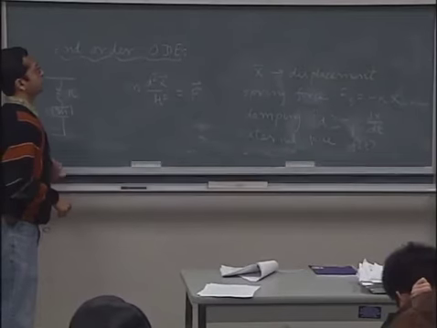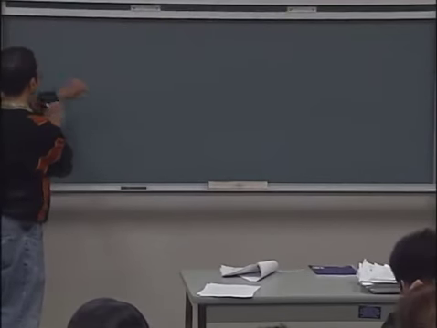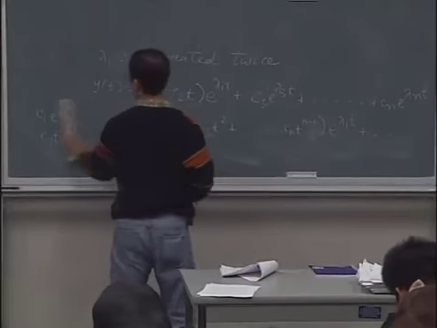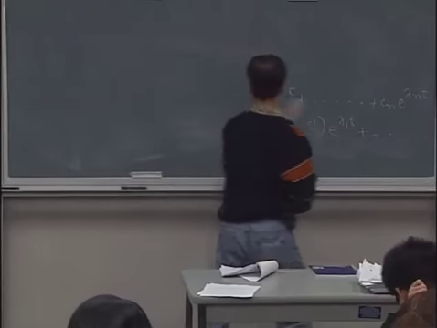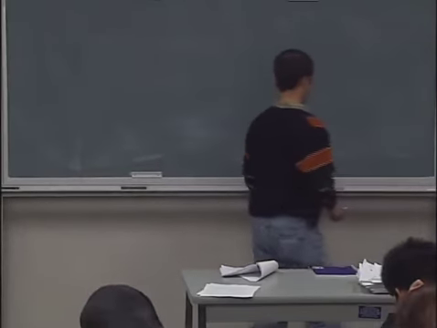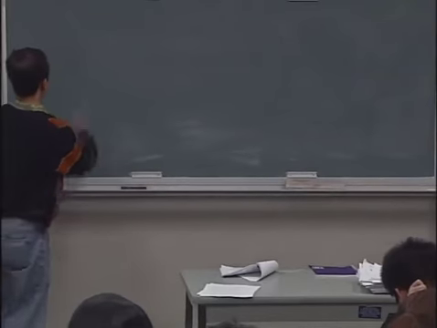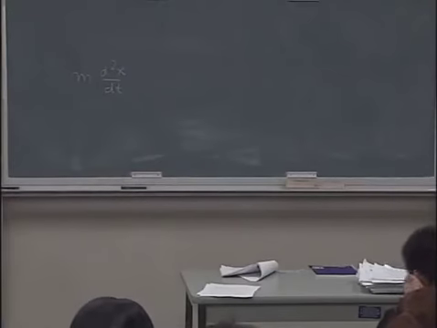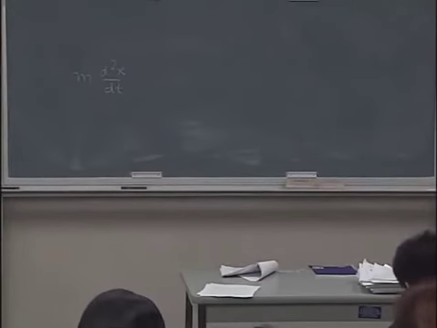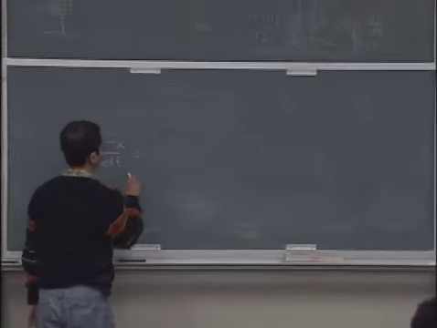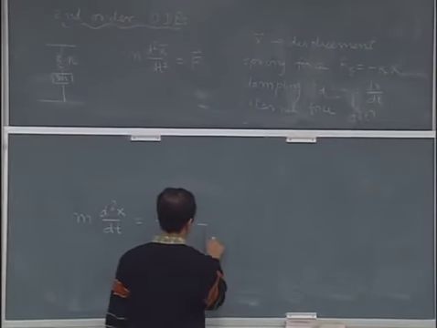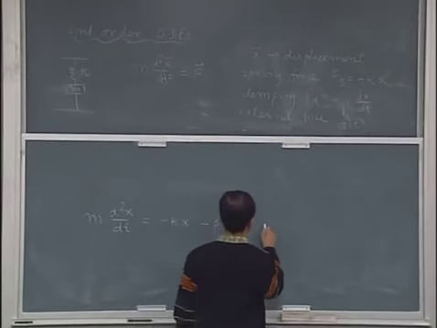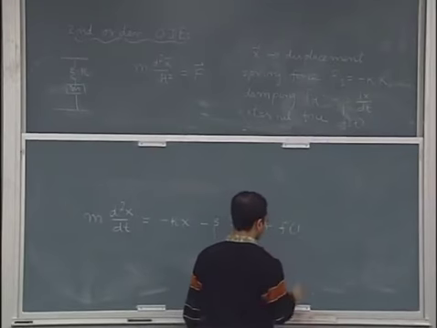Now I can write this equation. Everything is along this vertical direction, so we don't have to keep track or write in vector form. m d2x/dt2 equals negative kx, negative beta dx/dt, plus F(t).